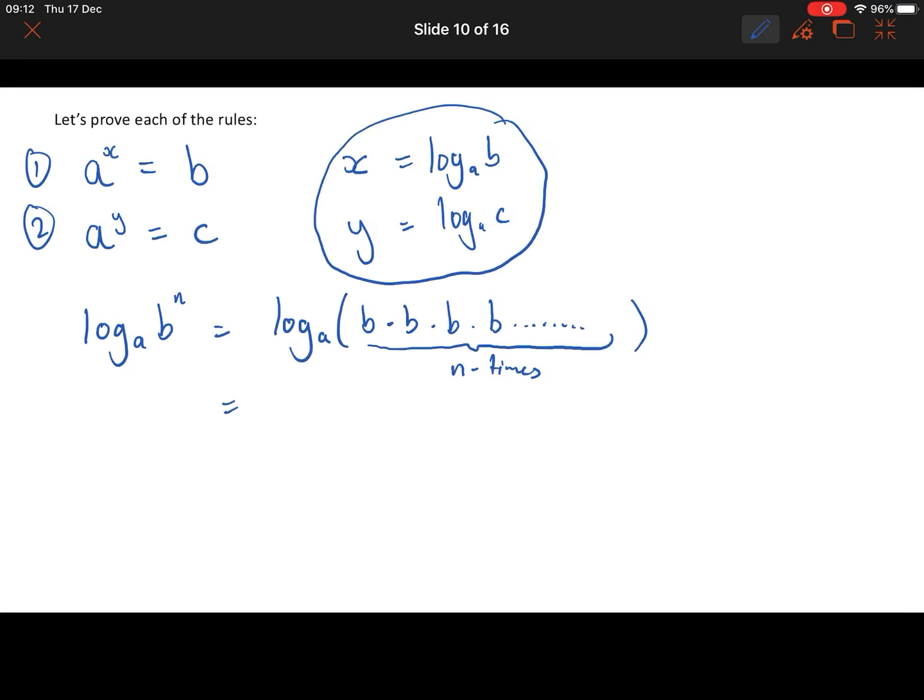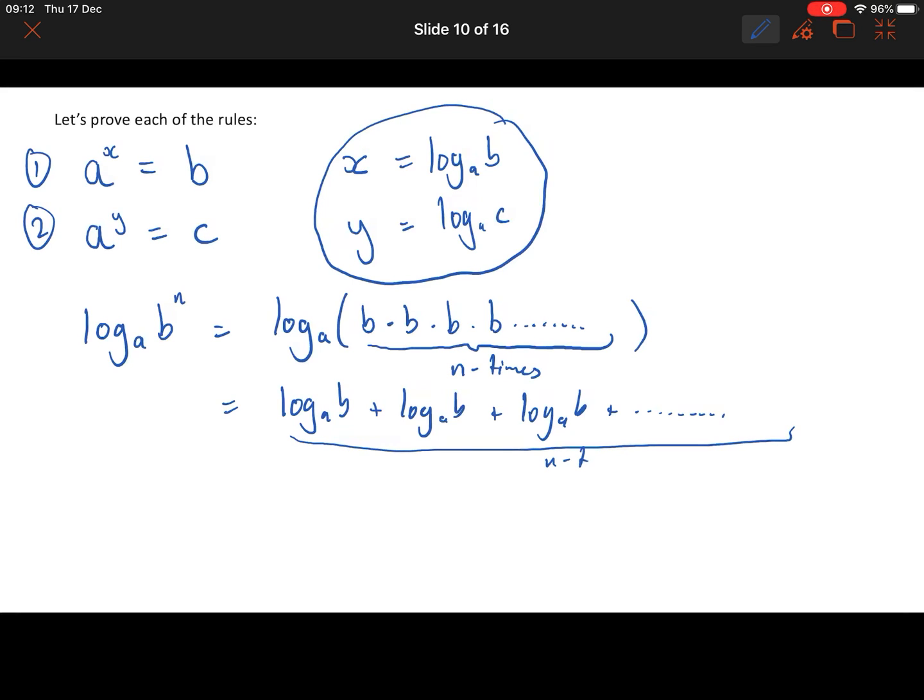Okay. Now, using rule number 2 backwards, I can take the single logarithm and split it apart into log base a of b plus log base a of b plus log base a of b, and I will be adding them together.